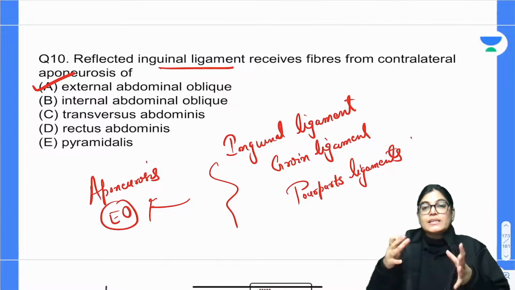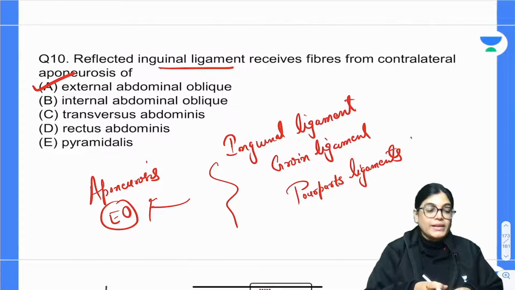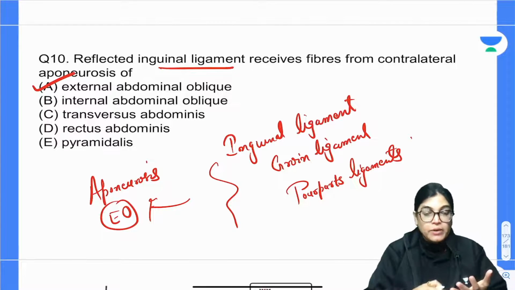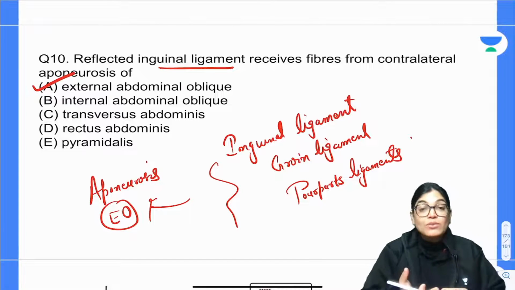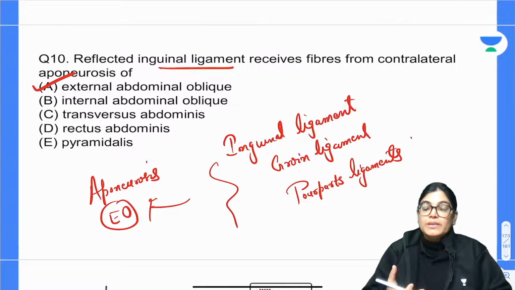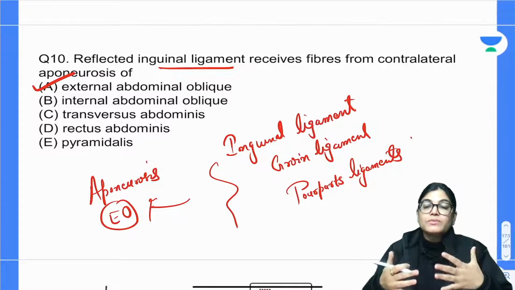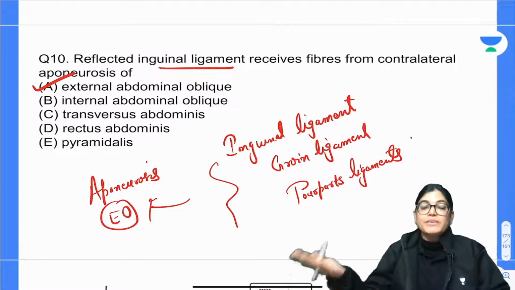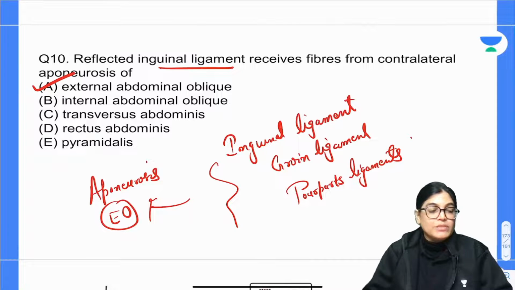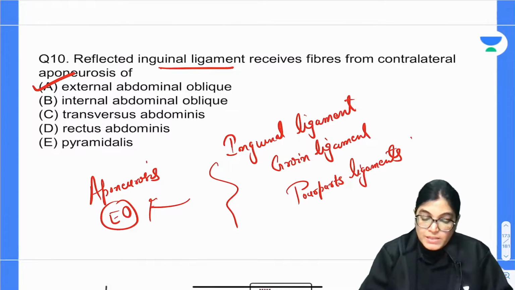There are 4 extensions from the inguinal ligament: the reflected part, the pectineal ligament, the lacunar ligament, and the ilioinguinal ligament. The reflected part goes medially and upward and merges with the opposite side reflected part of the inguinal ligament. That means it is an extension from the external abdominal muscle aponeurosis.